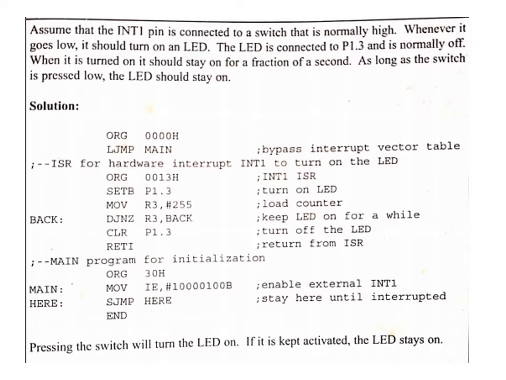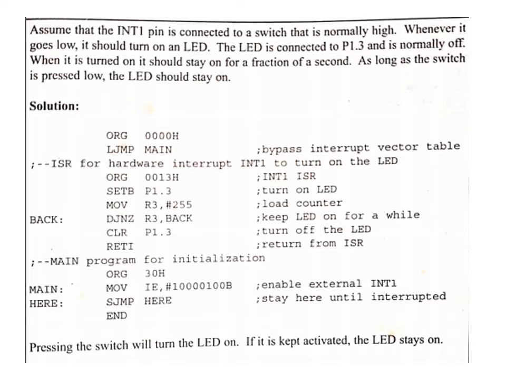Now, as per the question, a logic high signal has to be sent through port 1 pin 3. We know that by default a port works as an output port. A logic high signal is sent through the instruction SETB P1.3.